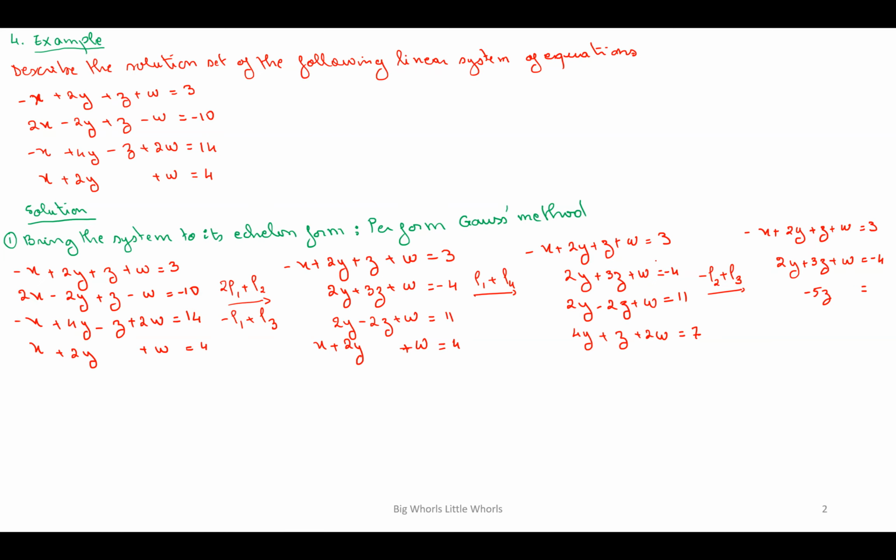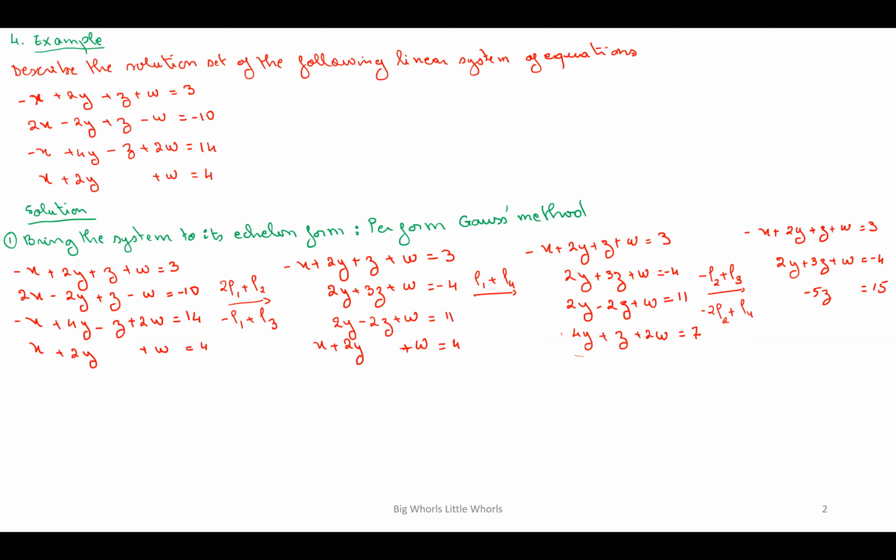So here we have a minus row 2, equals 15, and we need to use the 2y to eliminate the 4y in the fourth row. So you have minus 2 row 2 plus row 4.